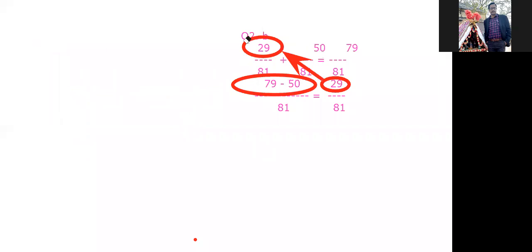So in the case of 2E, what is there? Let's see, question number 2, part E. We are going to try. What is the number?